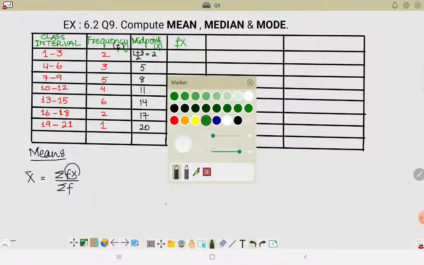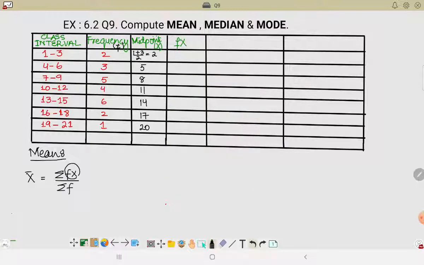Fx means you have to multiply the values of f by the values of x. So 2 times 2 is 4, 5 times 3 is 15, 8 times 5 is 40, 4 times 11 is 44, 6 times 14 is 84, 2 times 17 is 34, 1 times 20 is 20, right? So now we got fx.